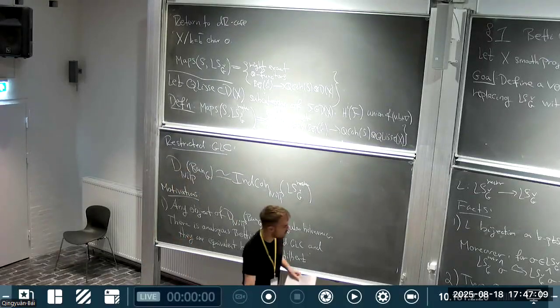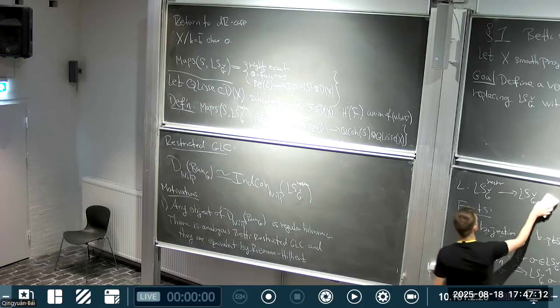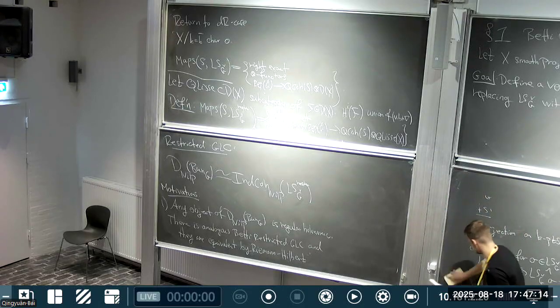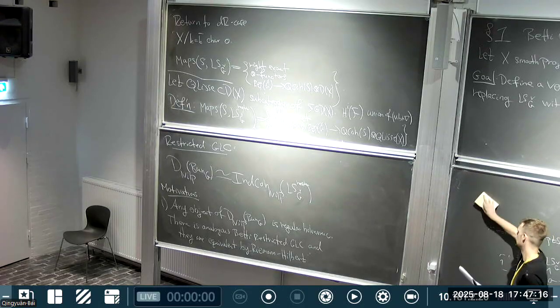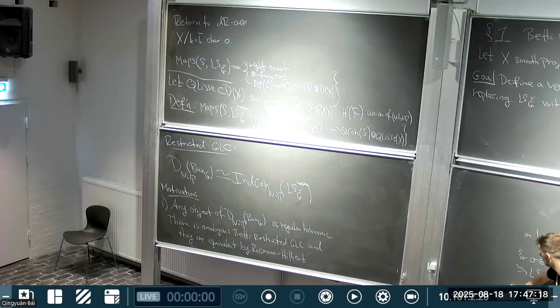At this point, it's not at all clear why this should help you. Now you have some intermediate category that at least allows you to go between the Betti and the de Rham versions, but hopefully the Betti version is easier. I don't think this will become particularly clear before Friday morning.